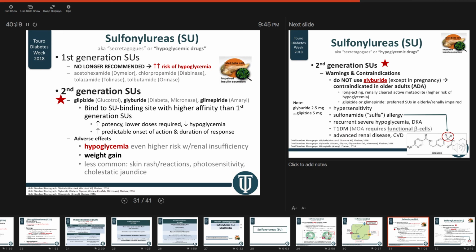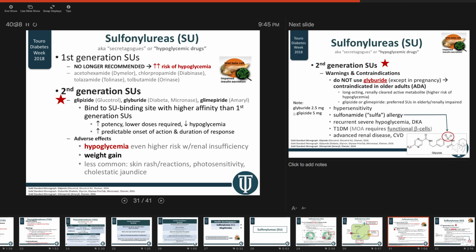Weight gain is one of the side effects because we keep pushing the pancreas to produce more and more insulin, and insulin is a growth hormone. There are other side effects, but they're not as common.